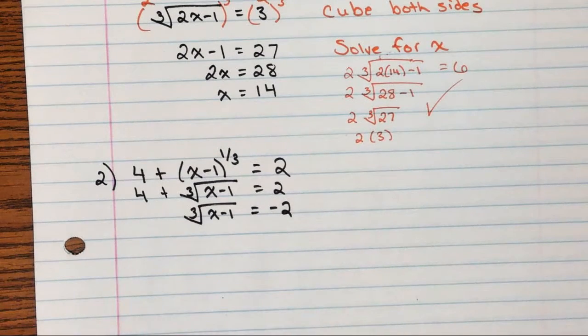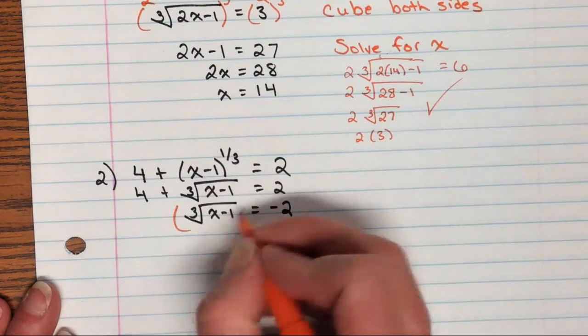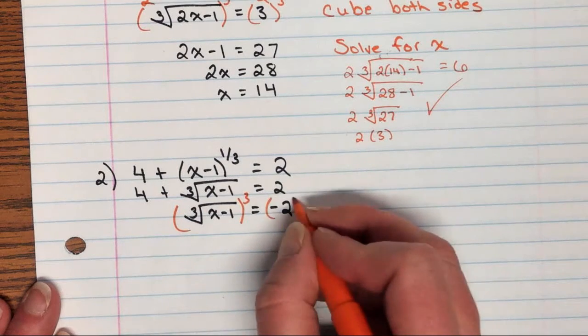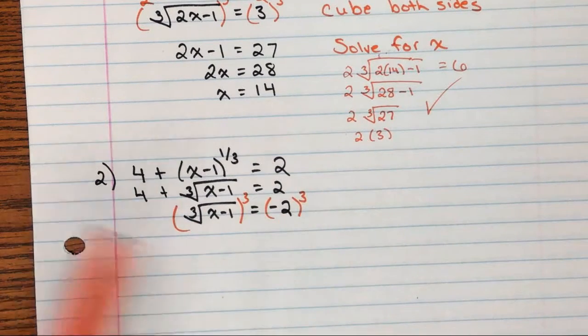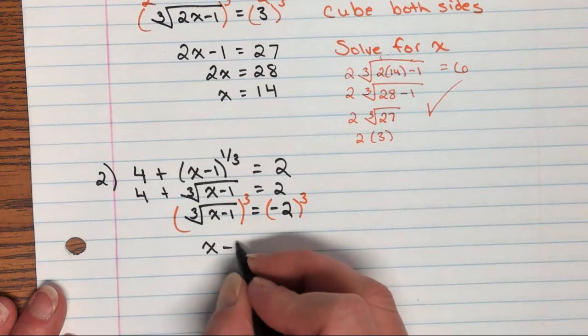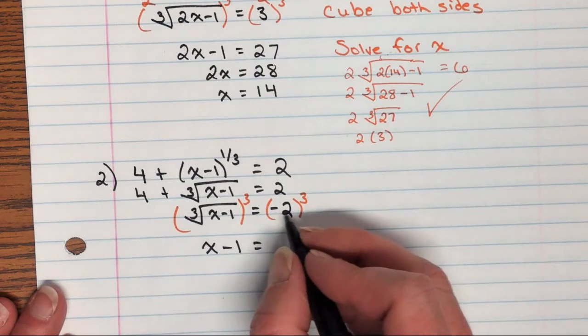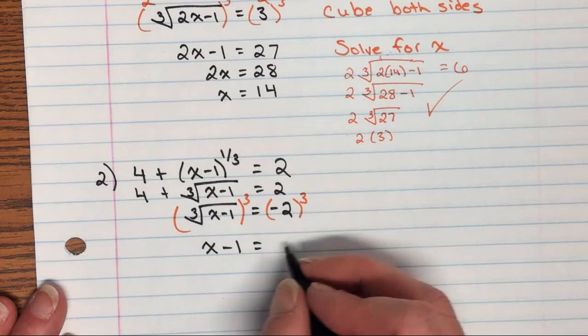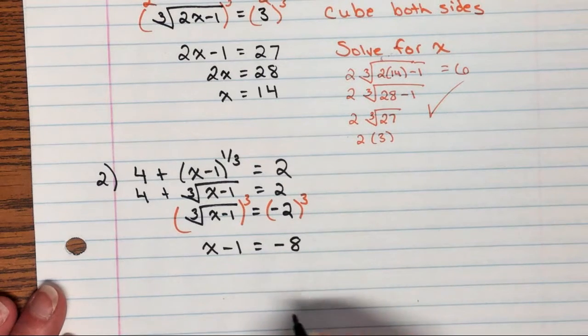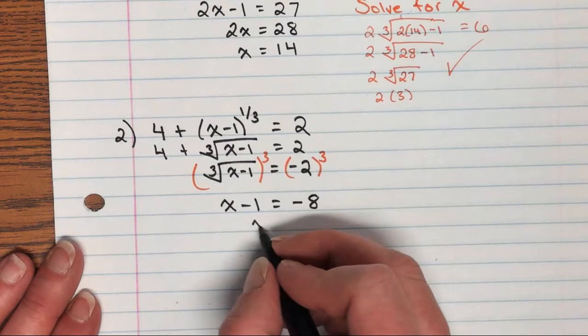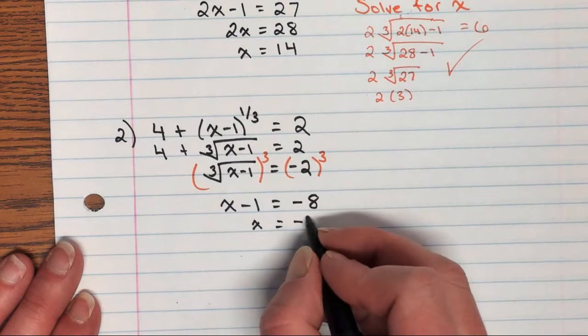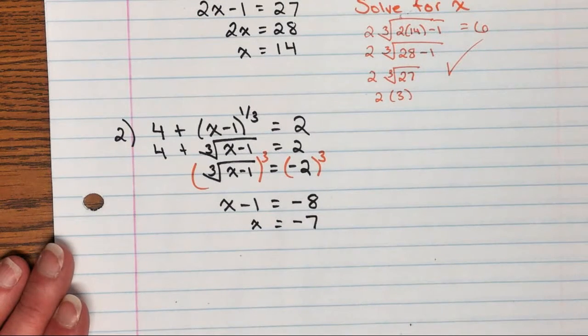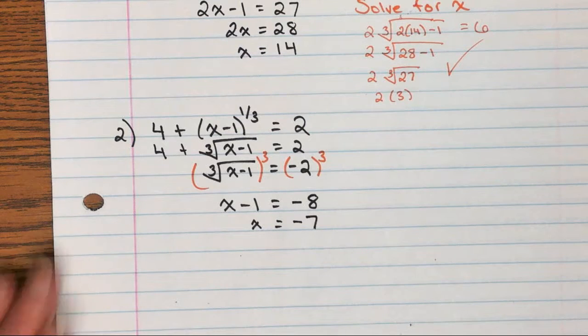To undo the cube root, we need to cube it. Cubing a cube root will undo them. So we'll have x minus 1 equals negative 2 cubed is negative 8. Add 1, x equals negative 7. We can check just to make sure.